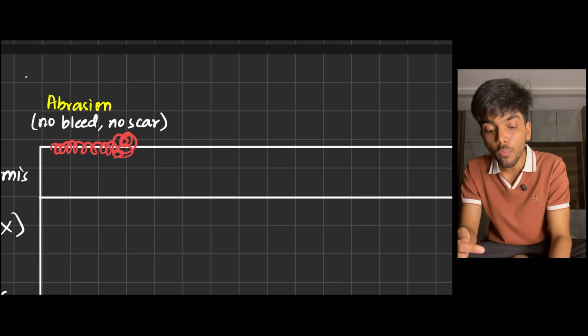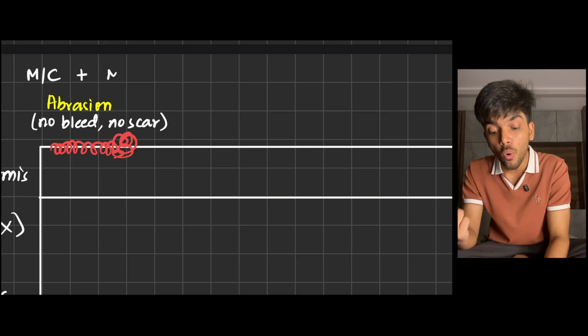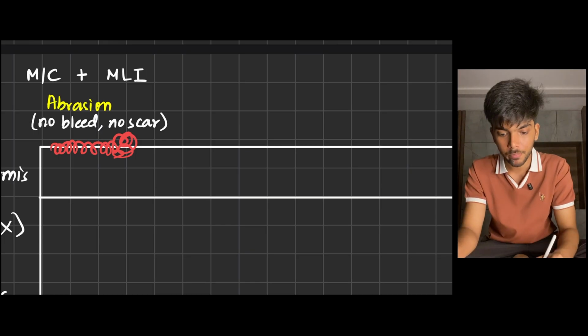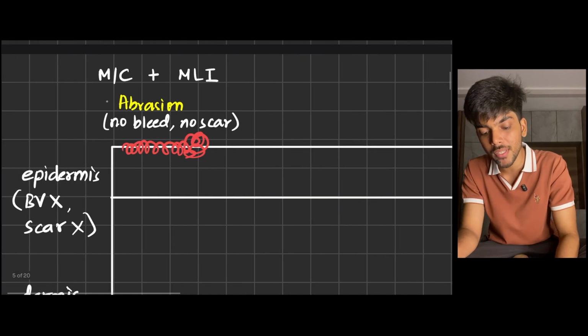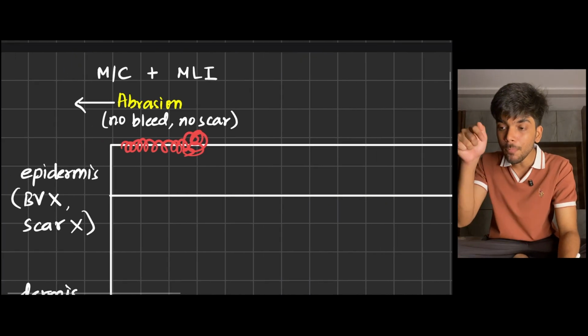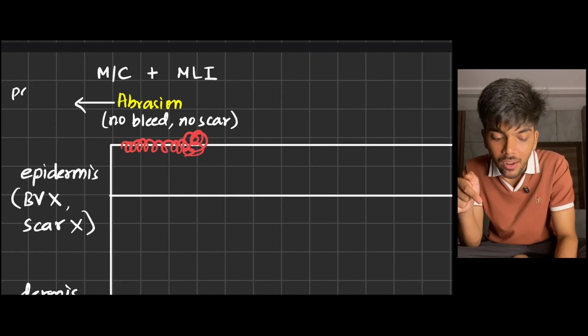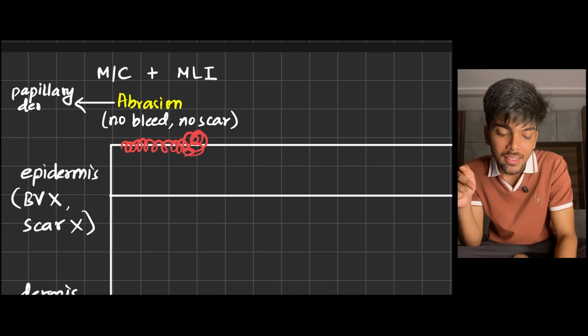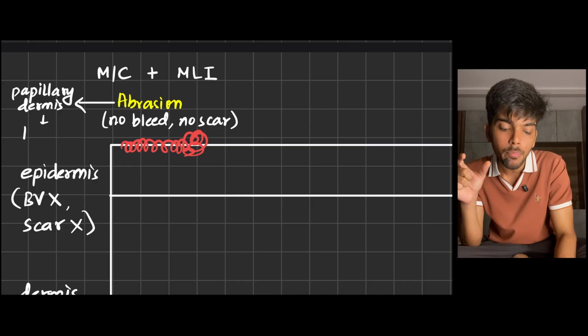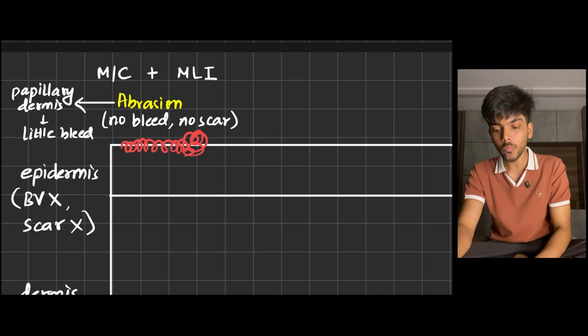Abrasion is also the most common type of mechanical injury, plus it is the most medico-legally important type of mechanical injury. However, sometimes the abrasion might be deep enough to reach papillary dermis, and when the abrasion reaches papillary dermis, then there can be a little bleed.